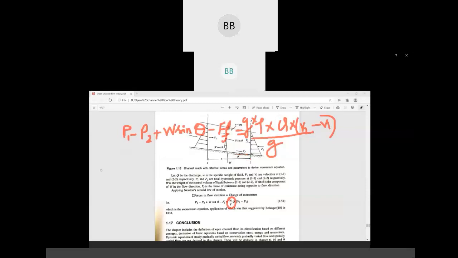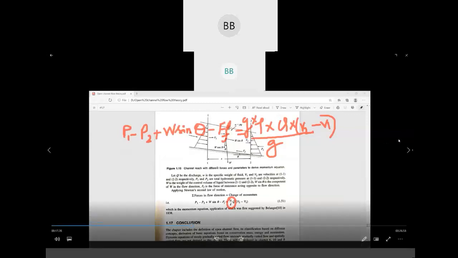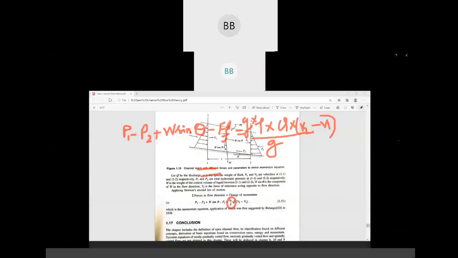Then the right-hand side part: rho into g is nothing but your specific weight, divided by acceleration due to gravity, multiplied by Q, that is discharge. Then at last you have v2 minus v1. So this is your momentum equation.